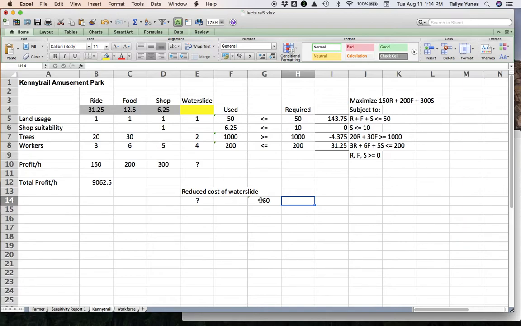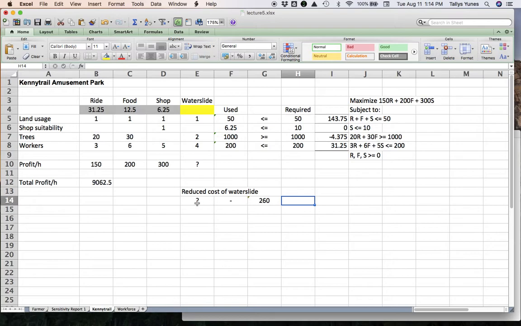Now, do I want this number, this result, to be positive or negative? Well, the reduced cost is the impact to the value of the objective were you to use 1 unit of this variable. Well, because my objective is a maximization objective, I would like that using water slides bring a positive, right, an increase to my objective value.